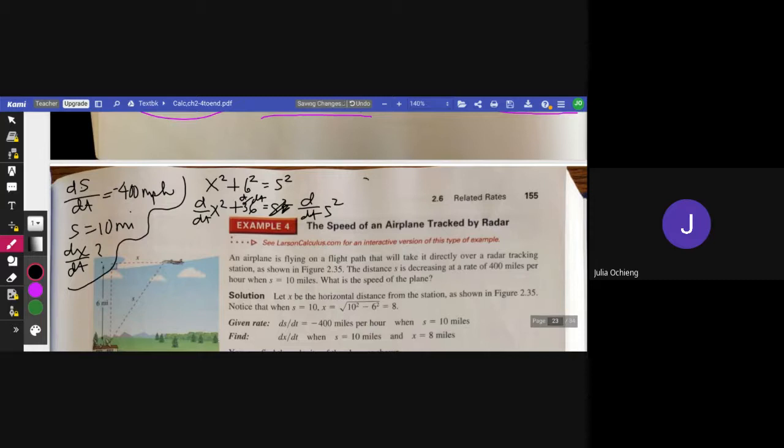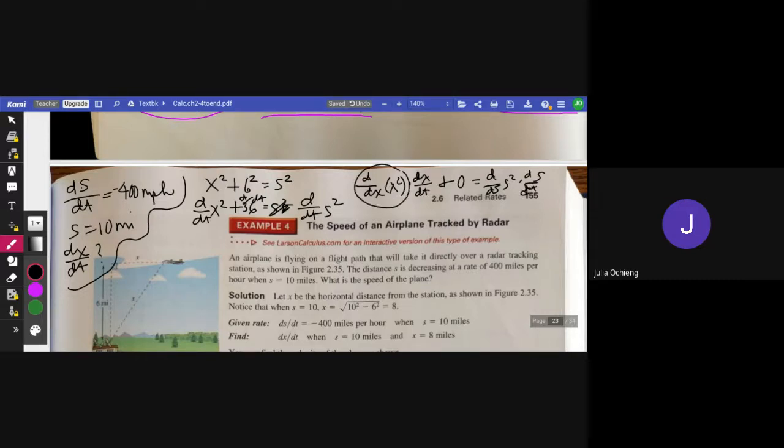So d over dx of x squared times derivative of x in terms of time, plus the derivative of the constant is going to be 0, equals, chain rule again for this, derivative of s squared times the derivative in terms of t of s.